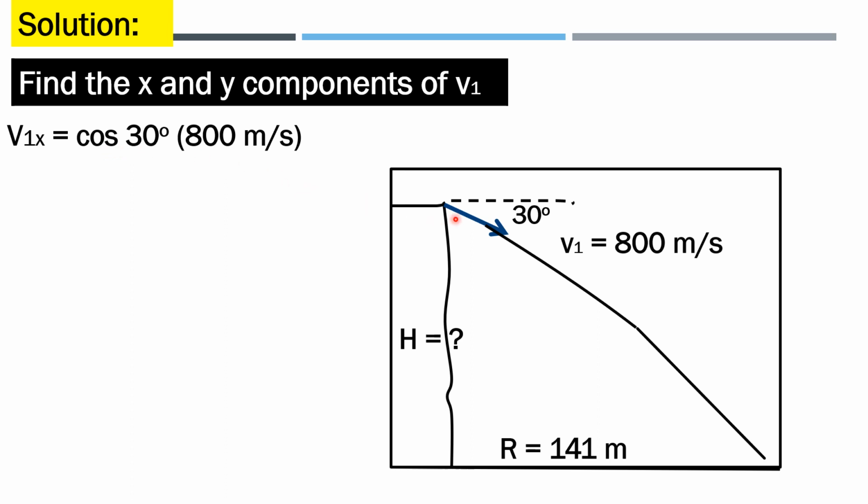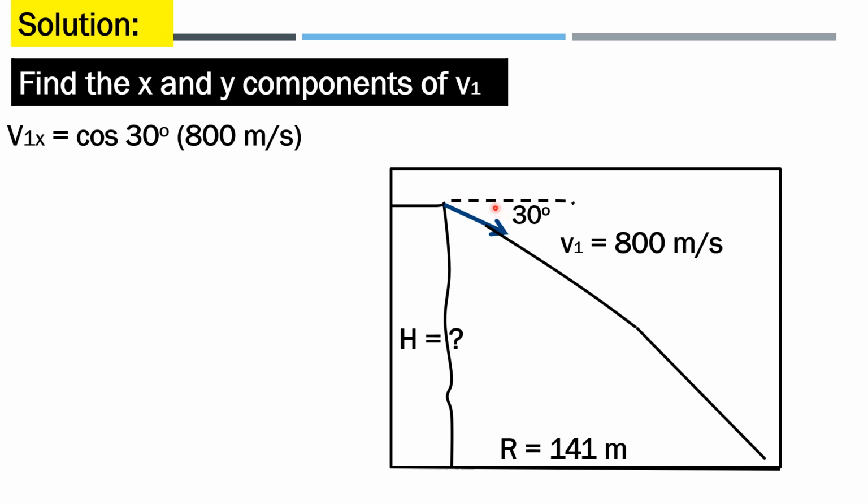Because the x component for this initial velocity is the adjacent. We can imagine a right triangle here, such that the given initial velocity constitutes the hypotenuse, and the x component of that velocity becomes the adjacent side of the triangle.